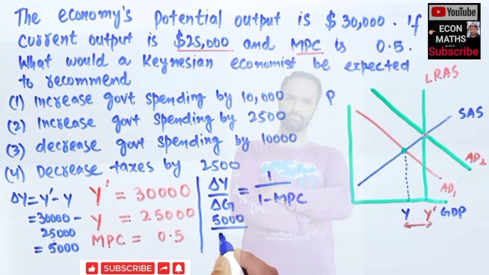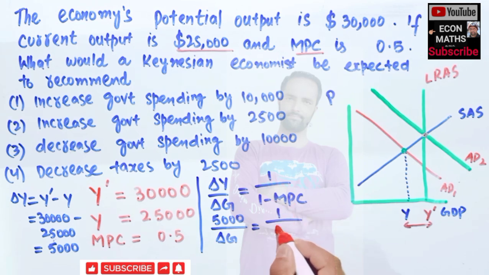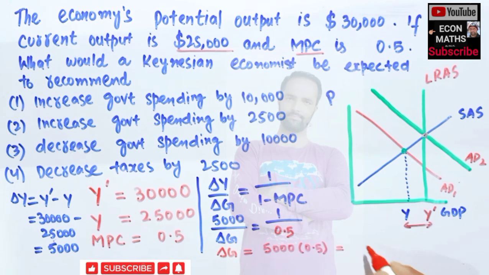We need to find the change in government spending, which is 1 upon 1 minus MPC. MPC is 0.5, so 1 minus 0.5 is 0.5. Then the change in government spending is 5,000 times 0.5, which gives us 2,500.